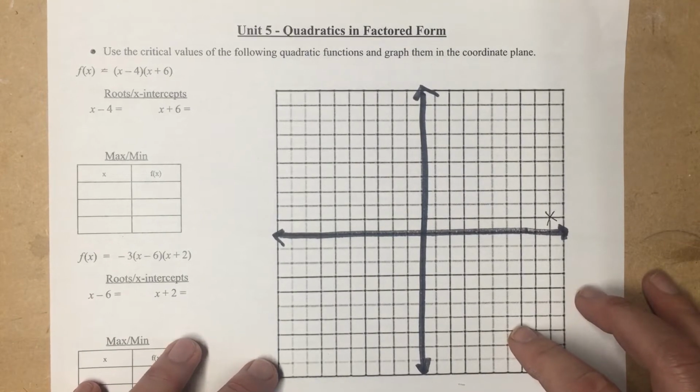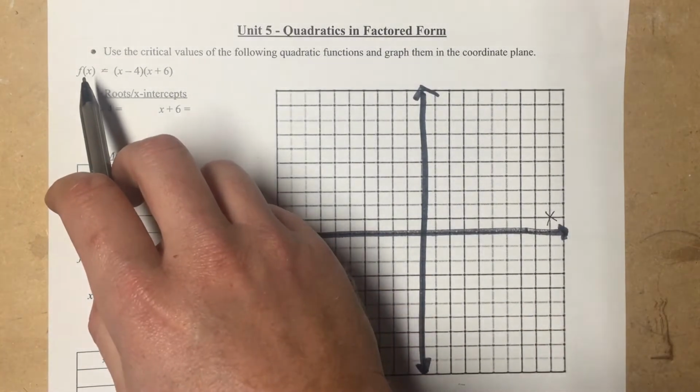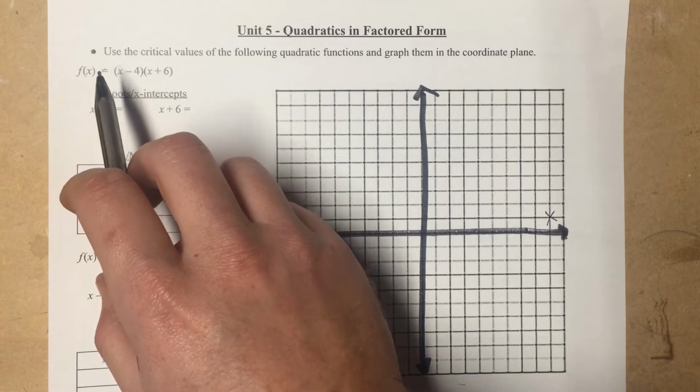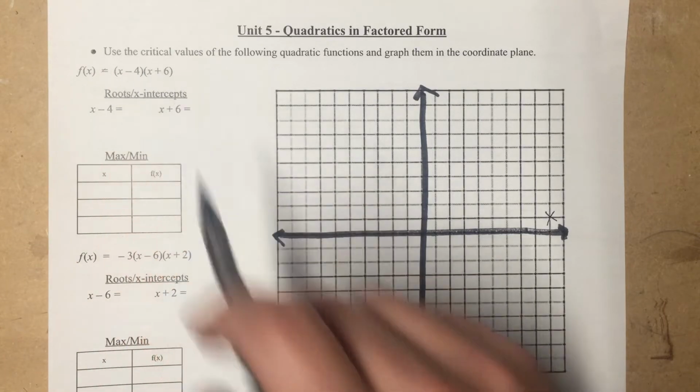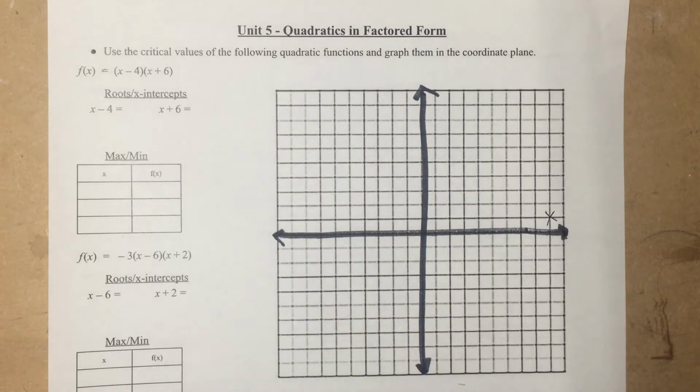All right, so we have this first equation here. f of x is equal to x minus 4 times x plus 6. And what we're going to do is find the roots. It's called the roots or the x-intercepts, kind of the same thing, but it's very commonly called the roots when it's the points that cross the x-axis.